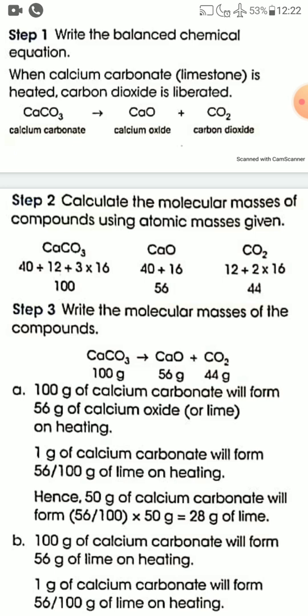So the molecular mass of calcium carbonate is 100. Similarly, the molecular mass of calcium oxide is 40 plus 16, 40 for calcium and 16 for oxygen. So the molecular mass of calcium oxide is 56. And the molecular mass of carbon dioxide, CO2.